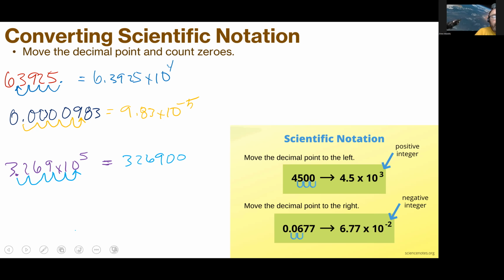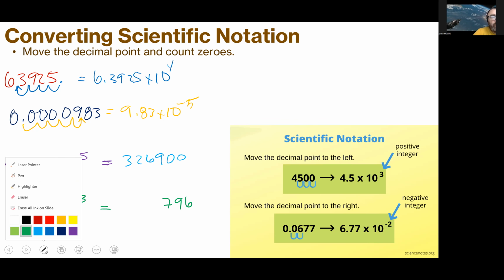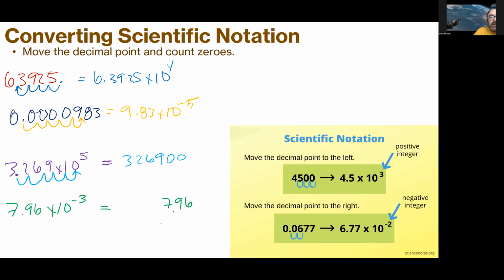Okay. And then if we want to do a smaller than 1 number, 7.96 times 10 to the minus 3, then we're going to do the same thing, but we're going to move it the other way. So I'm going to do it over here. 796. This is where our decimal point was. Okay. We're going to move it 3. We're going to move it to the left so we can make the number smaller. 1, 2, 3.